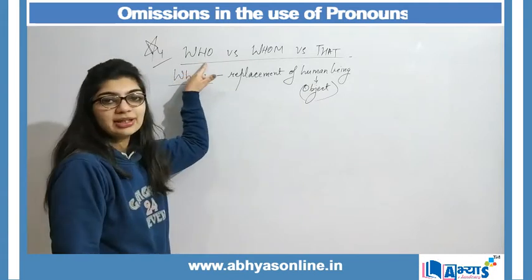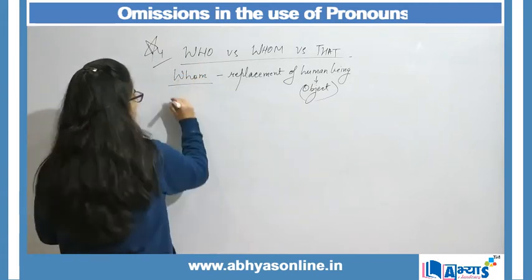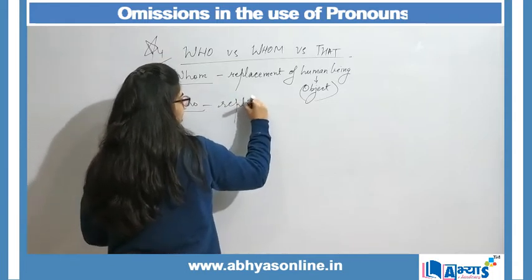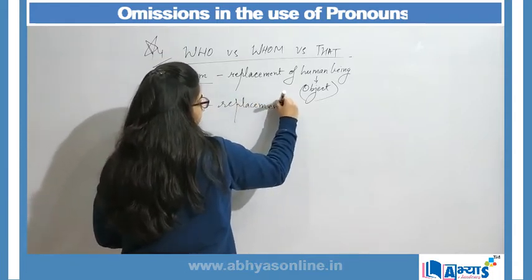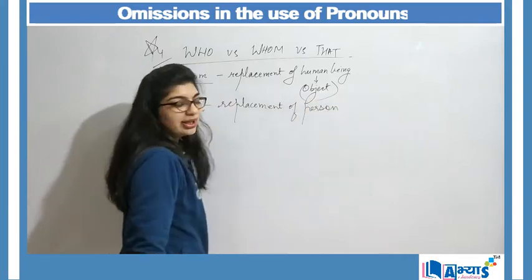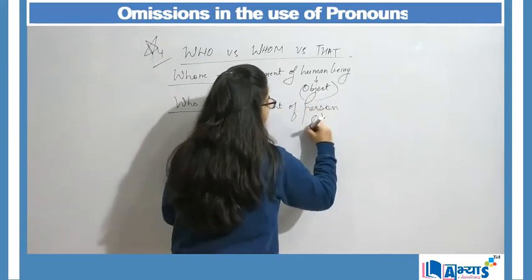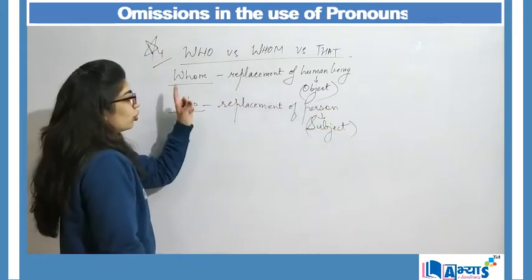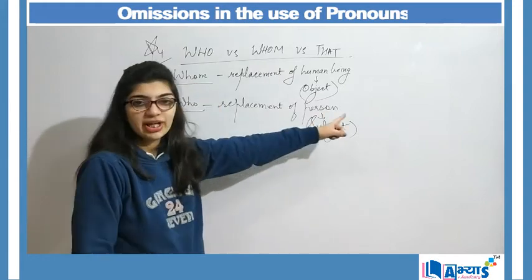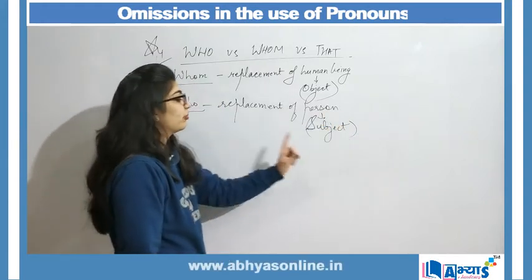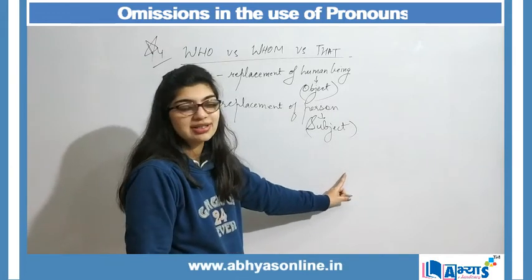So here the human being is the object of the sentence. And when we are making use of who in a sentence, who is again a replacement for people or person. It is a replacement of person and that person should be the subject of the sentence. So whom is used for the object of the sentence and who it is used as a replacement for the subject of the sentence.